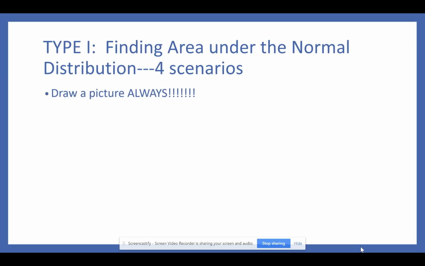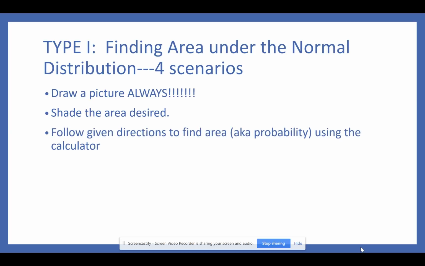Whenever you're working these problems, really whether you're doing type 1 or type 2, you want to draw the picture and shade the region or the area that you need or that you already have. One of the reasons I ask you to do this is because it helps you to visualize what information needs to be put into the calculator. It may also help you to see which command to use as well, and we'll talk about that.